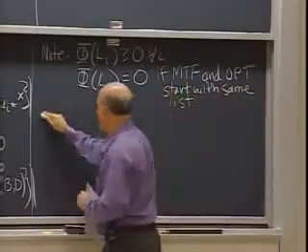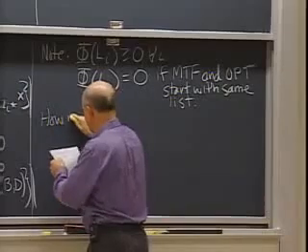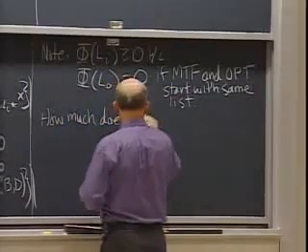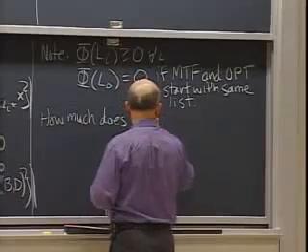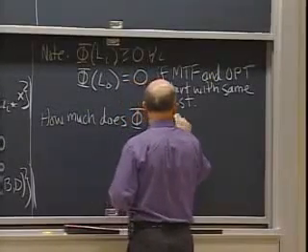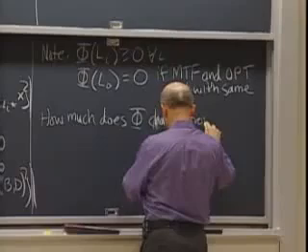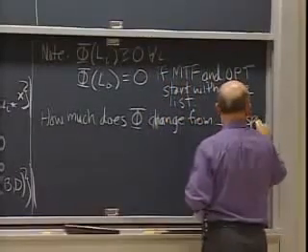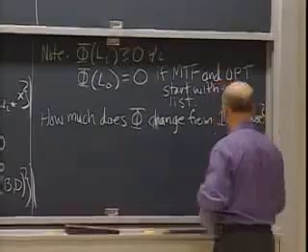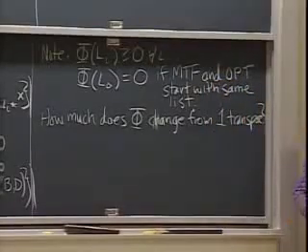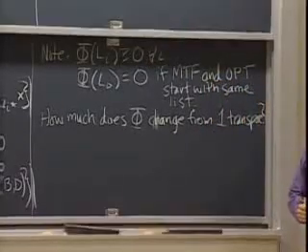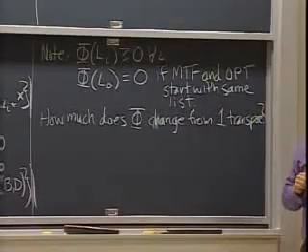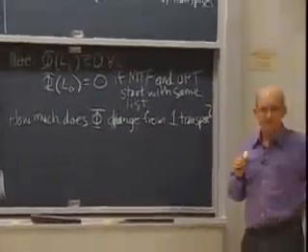So let's first also make another observation. How much does phi change from one transpose? So basically, that's asking, if you do a transpose, what happens to the number of inversions?